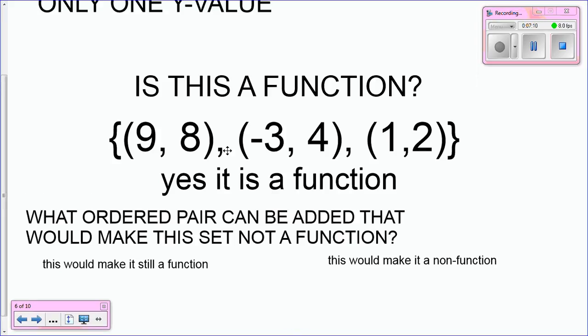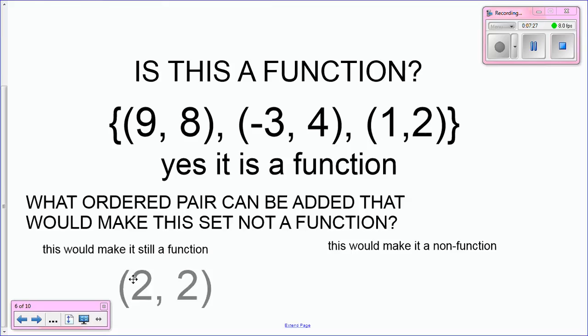If we wanted to keep it as a function, we still need to follow that rule where every x is only matched with one y. So if we're going to pick an ordered pair to put in there, it can't be a 9, a -3, or 1, because those x's have already been matched with someone. So we need to pick another x, like 2. That x has not been used yet, so we can pick that one. It's still a function.